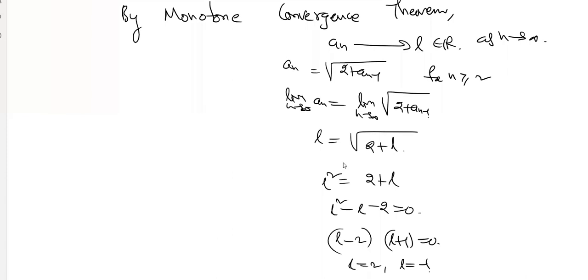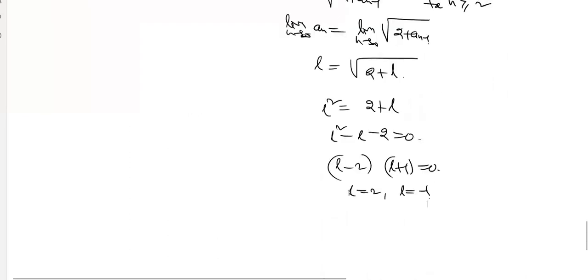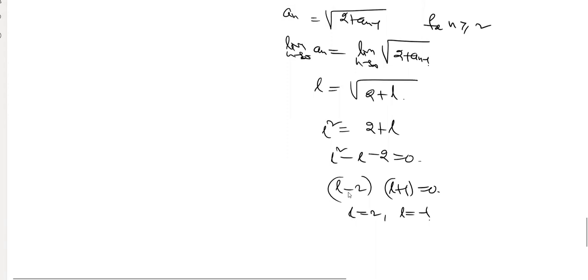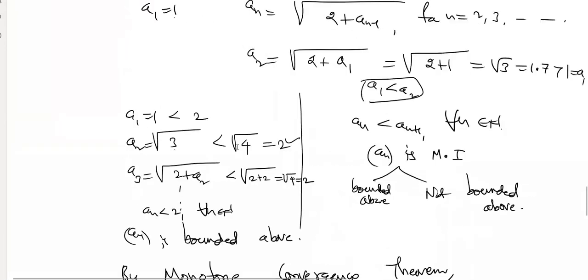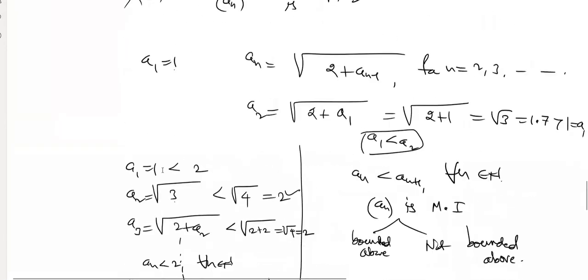Once the sequence is convergent, we need to have a unique limit. We don't have two limits for the same sequence. So therefore, only one possibility, but you are dealing with a positive sequence. a1 is 1, a2 is root 3, which is also positive. a3 is also positive, a4 is also positive.